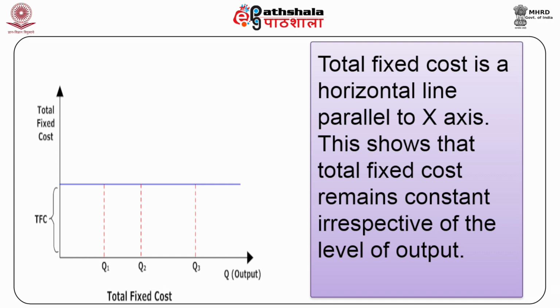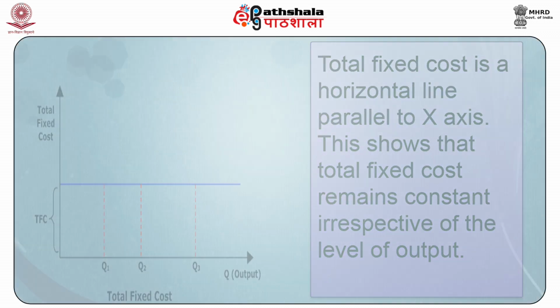Of course, no producer would be going to either extremes, neither 0 nor infinity. In the relevant range, we can say that when the output is Q1, Q2 and Q3, the total fixed cost will be given by the height of this blue line, which is the total fixed cost curve.